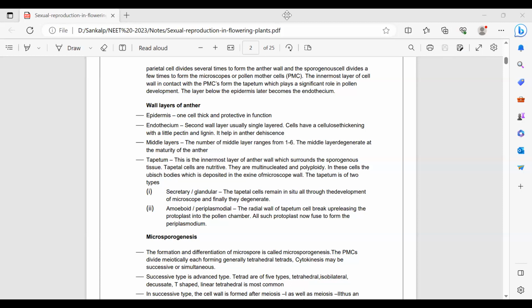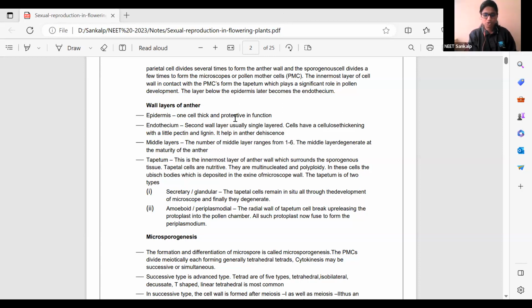Amoeboid or periplasmodial: the radial walls of the tapetum cells break up, releasing the protoplast into the pollen chamber. All such protoplasts are used to form the periplasmodium. Thank you, Radhika.